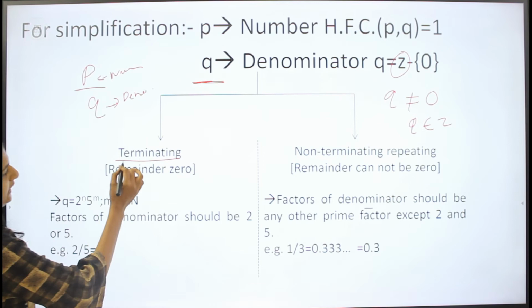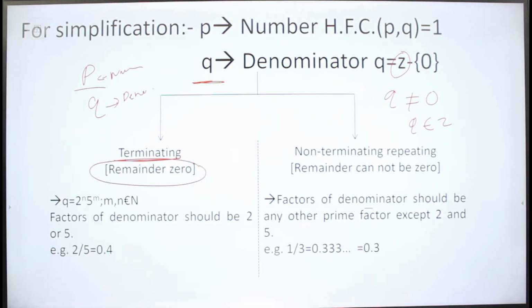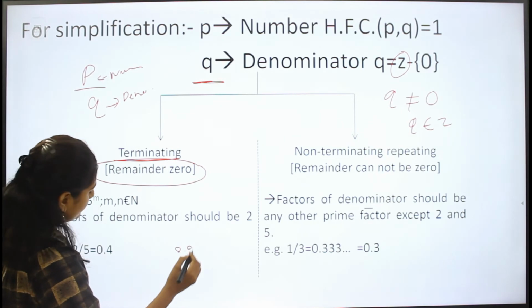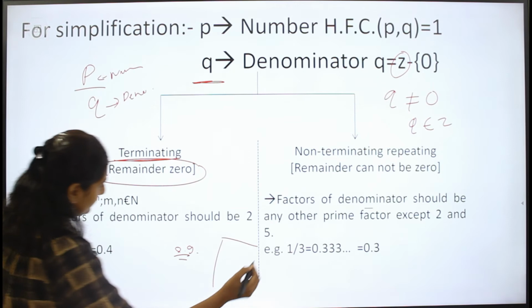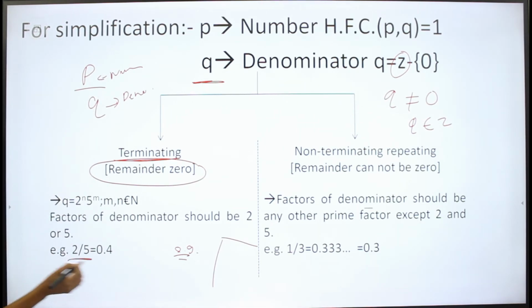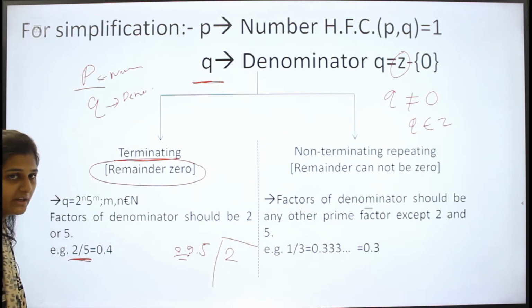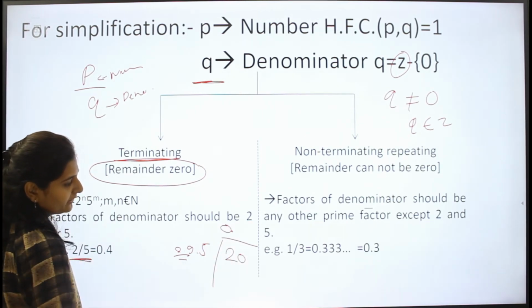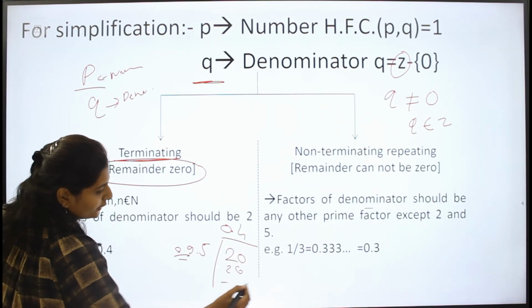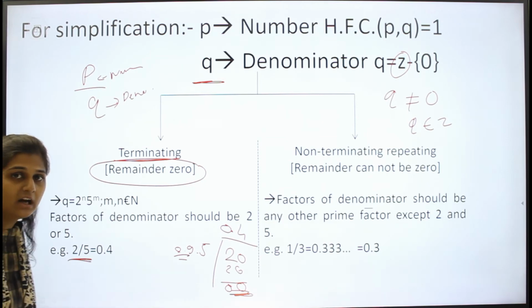So here if it is terminating, then you will get the remainder as 0. A simple example: if I am dividing 2 by 5, we cannot divide 2 by 5, so you have to take a point. Now you can divide, 5 4s are 20. So here you are getting the remainder as 0.